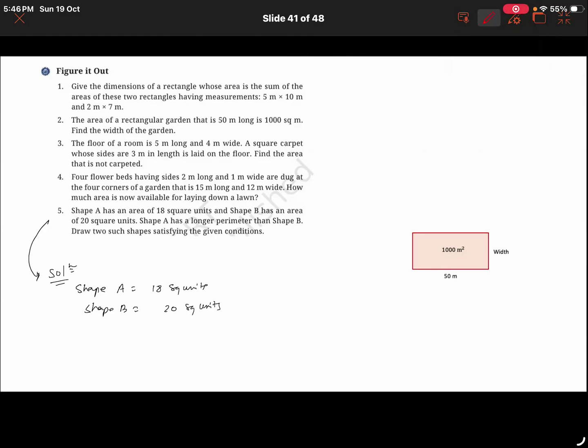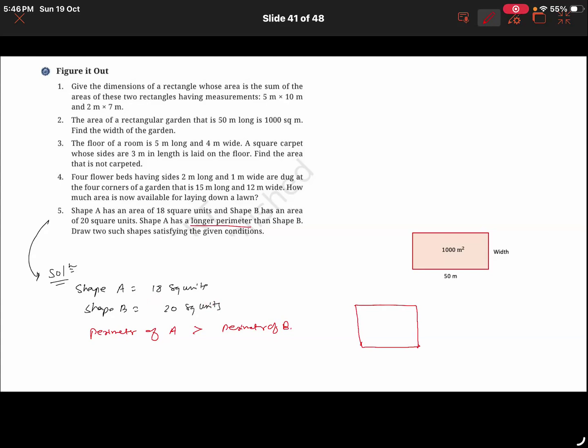In the question it is also given that A has a longer perimeter, so the perimeter of A is bigger than the perimeter of B. These were the things given in the question. So suppose if you were to draw shape A, the area of shape A is going to be 18 square units.